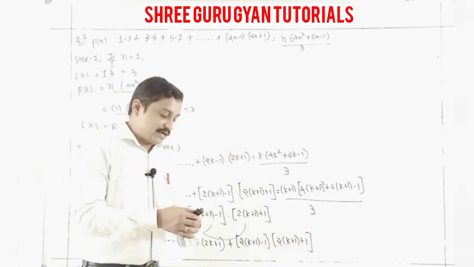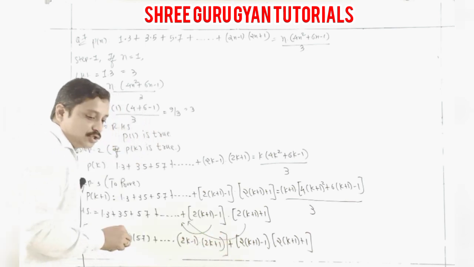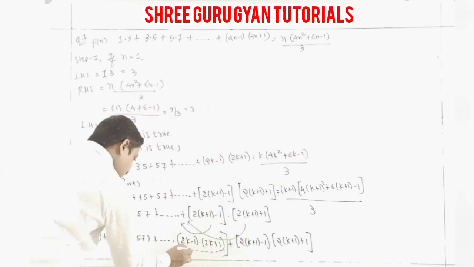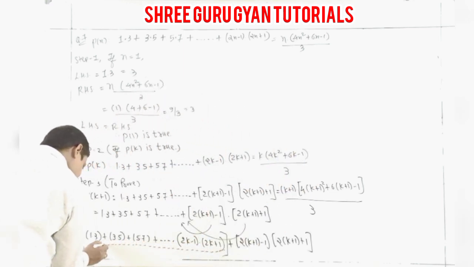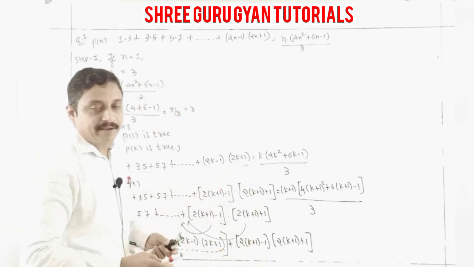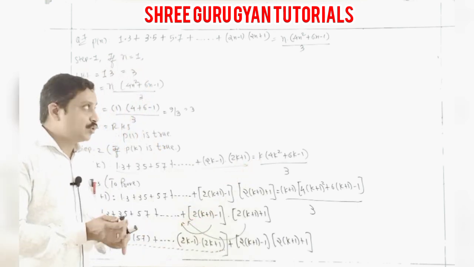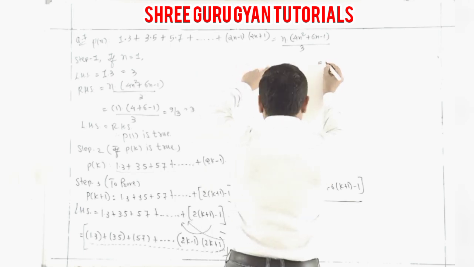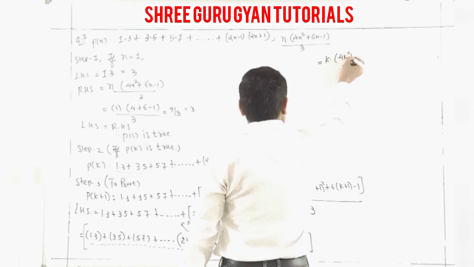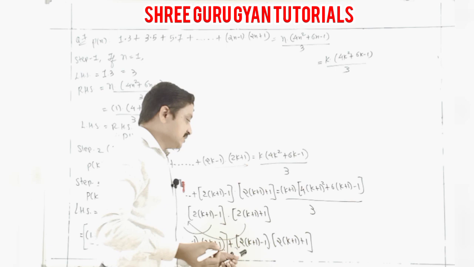Now again, this part up to that, I highlight all of this total value, students, which is your step 2. Look at that, and that value I am putting in place of this one here. So what do I get in place of that? k(4k square plus 6k minus 1) by 3, and this same is how much?